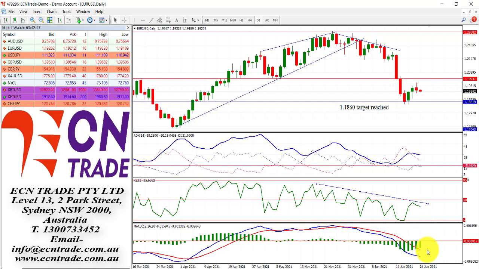And therefore, with the MACD also negative, we could see a re-challenge of this level around 118.60. It is assessed, though, that if the euro does potentially slide, then the dollar index can push up to its objective, which is still at 93.10, and therefore, as the euro is weighted at 57.6 to the dollar index, we may take out the 118.60 level and look down towards the 117 region.